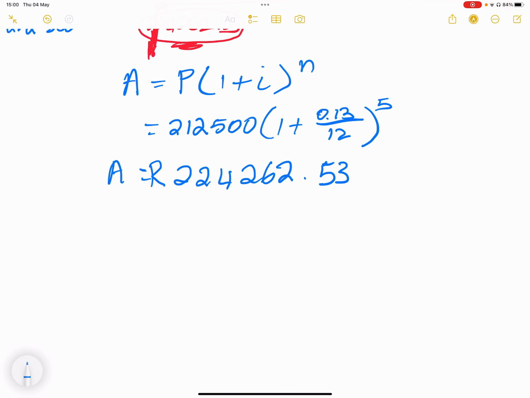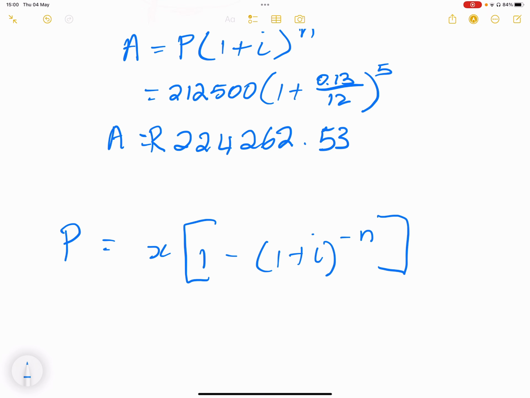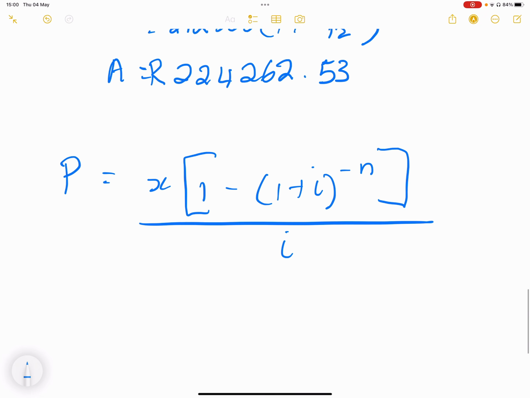Right now, we're going to take the present value formula. Remember, this has to do with loans. So I'm going to take the present value formula: X, the contributions, times 1 minus (1 plus i) to the power of minus n, divided by i.